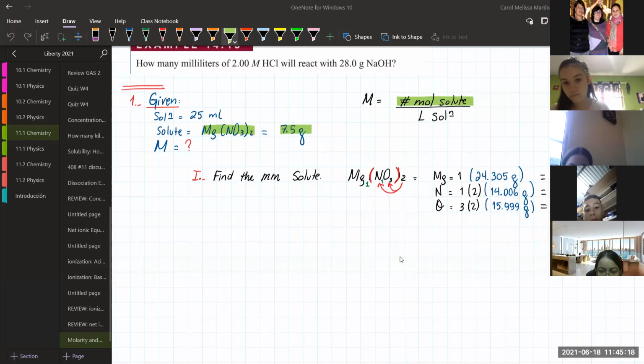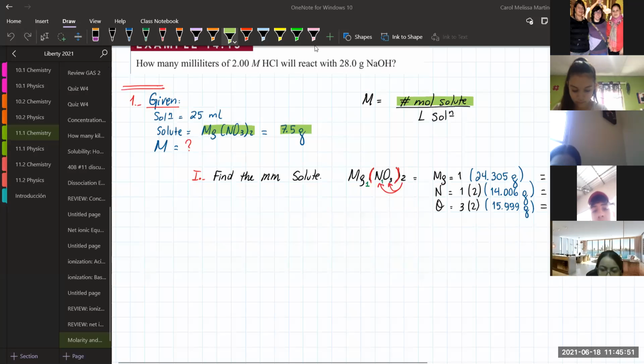I'm not very sure. Make sure that this is right. Okay? So the molar mass gives me 148.31. That is my molar mass of magnesium nitrate.